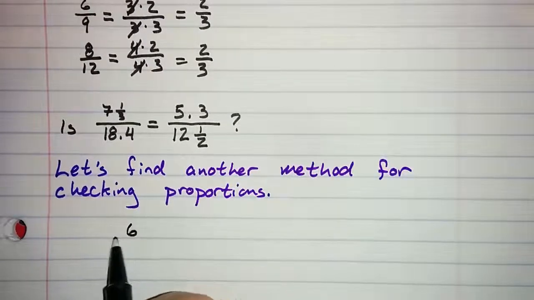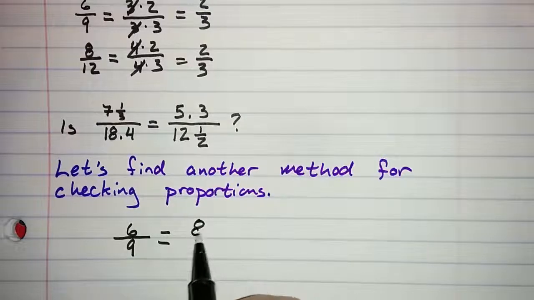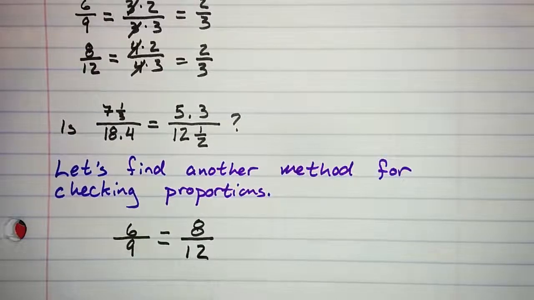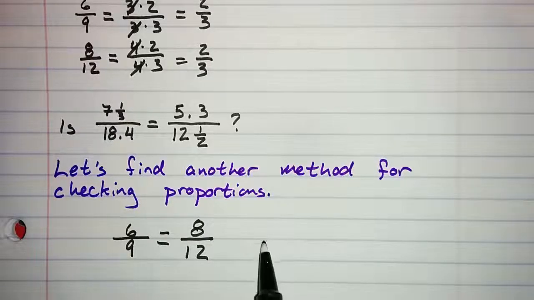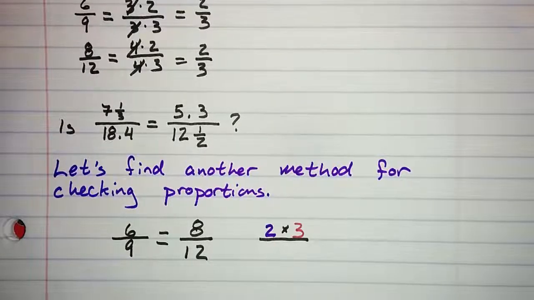I said that 6 over 9 was equal to 8 over 12. And the basis on which I said that is this. 6 over 9 is 2 times 3 over 3 times 3.